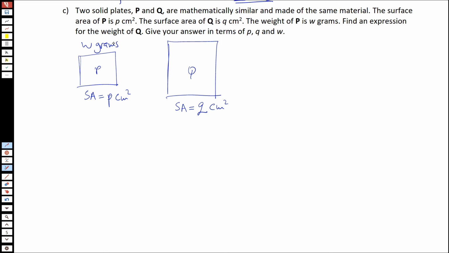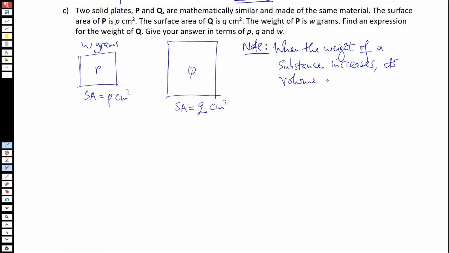So when the weight of a substance increases, its volume also increases.